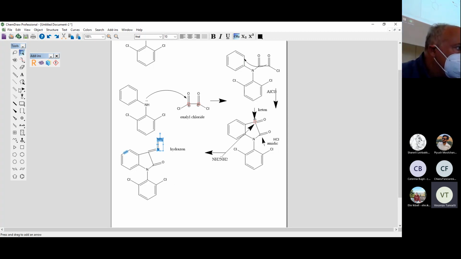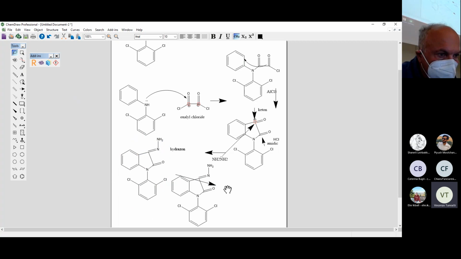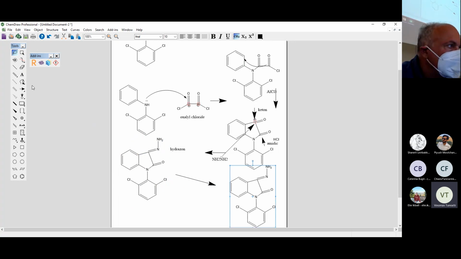So this means that we have the reduction, remain only the CH2 in this position, and so we have the formation of this compound. Here you see we have 2 hydrogen.